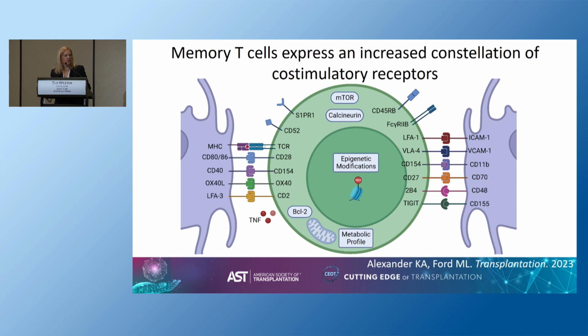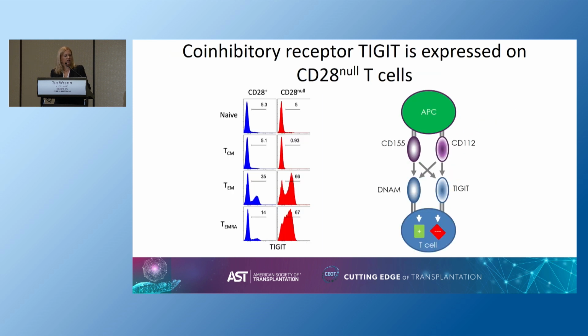I'll call your attention to one on the bottom there, TIGIT. In this example, you can see that within these CD28 null cells, which lose expression of CD28, they upregulate the expression of this TIGIT co-inhibitory molecule.